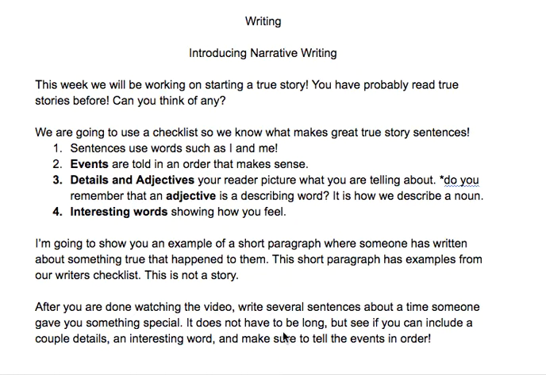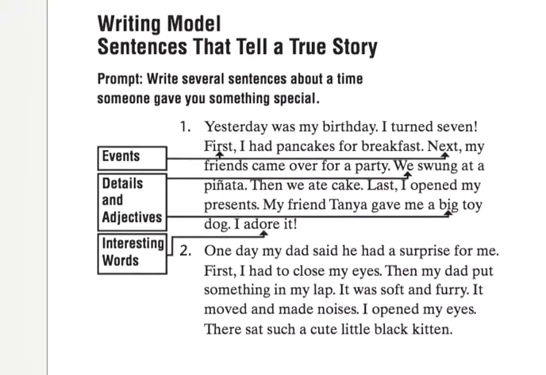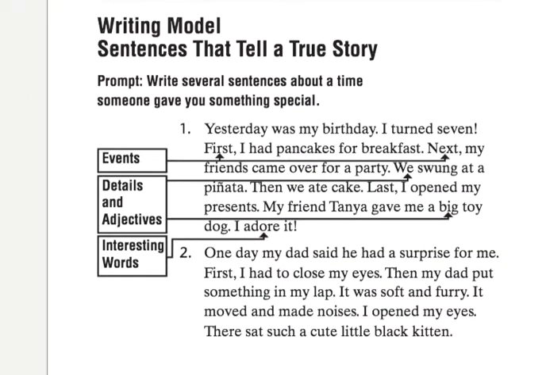It does not have to be long, but see if you can include a couple details, an interesting word, and make sure to tell the events in order. So here is the example, and I bet you maybe saw something like this in first grade from your first grade teacher.